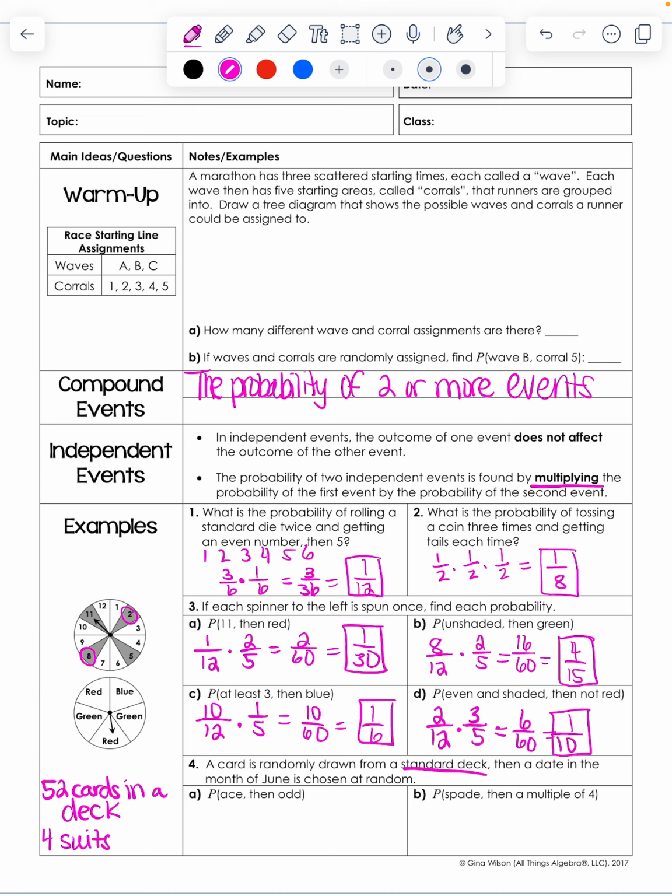So we've got the hearts, diamonds, clovers, and spades. Or wait, the 4 suits: spades, hearts, diamonds, and clubs. Yeah, I was right. So you need to know that, and there's 13 of each type.